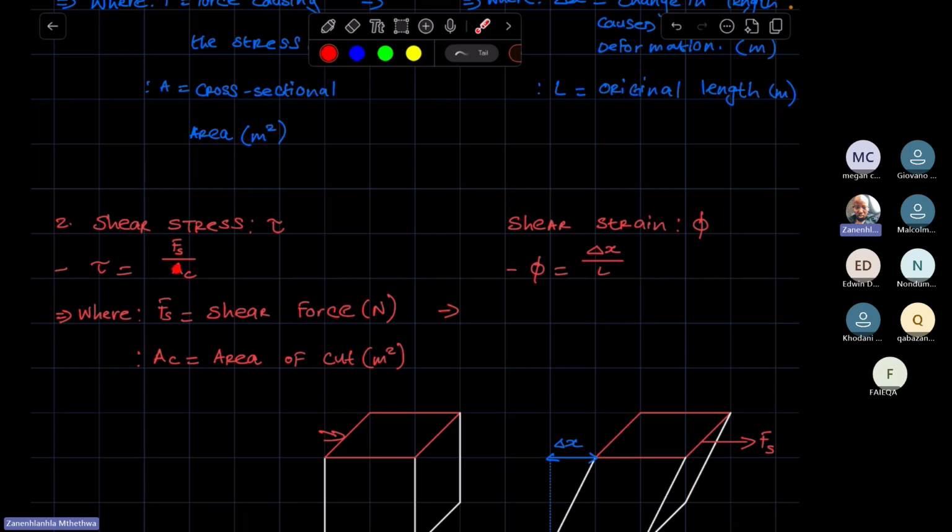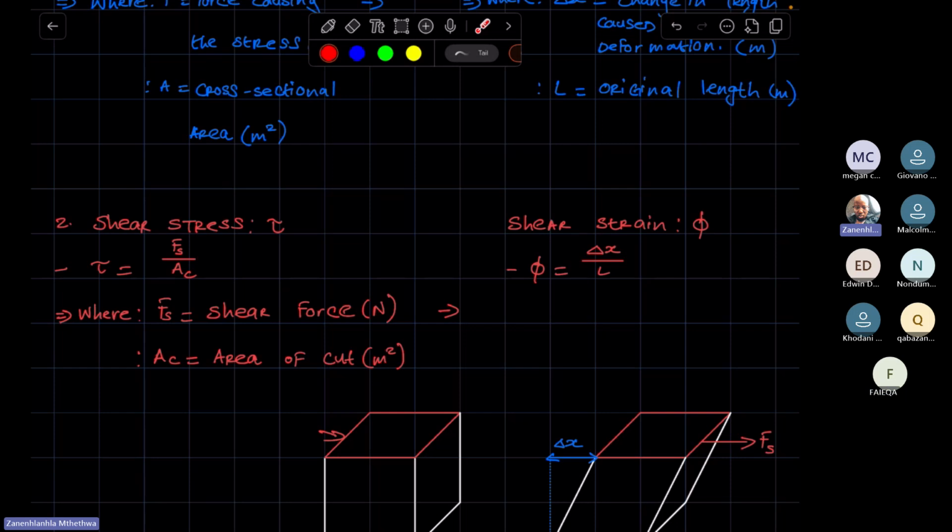So the area we use is the area that will be cut, the area of cut, as opposed to cross-sectional area.